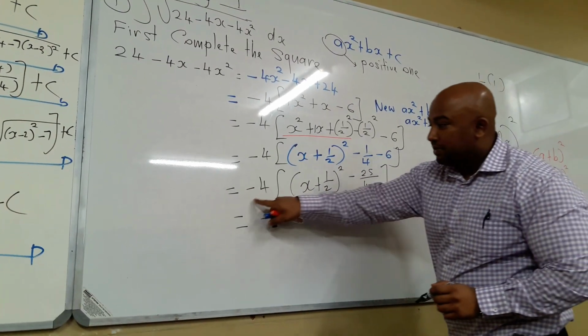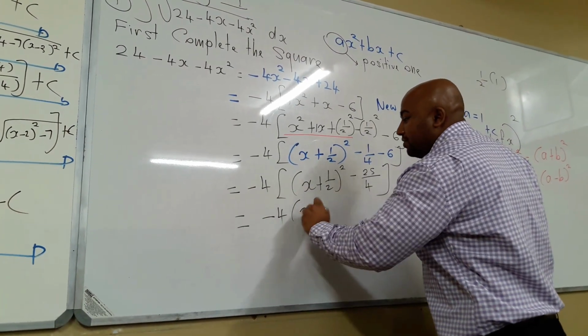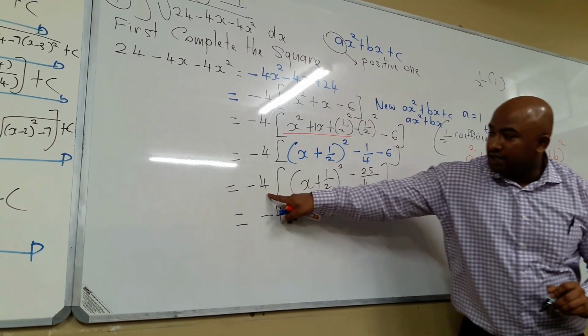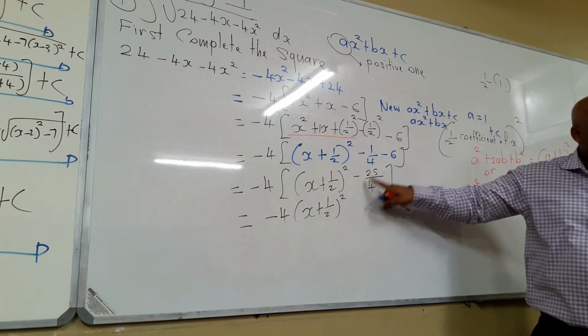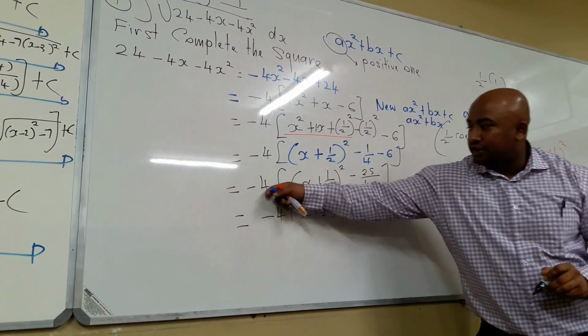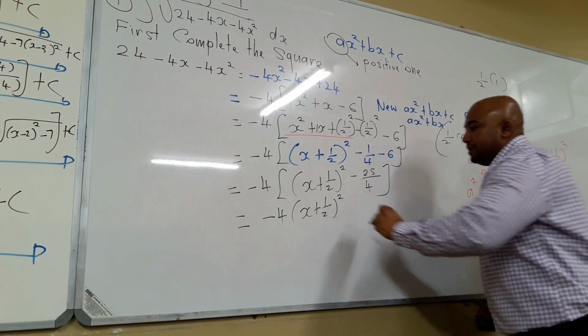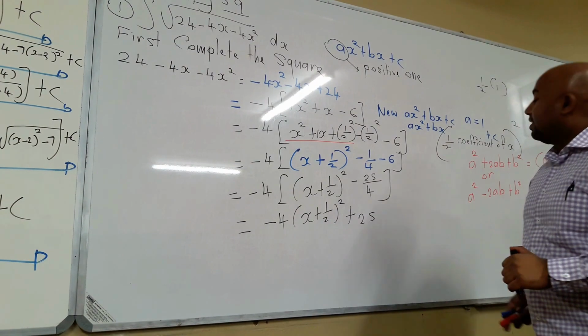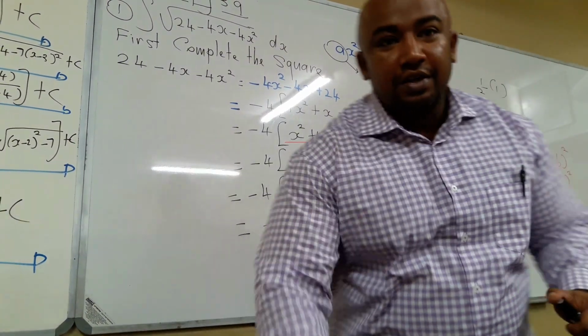So it's minus 4 times 1, which is minus 4, into x plus 1 over 2 squared. Then minus 4 times minus 25 over 4. Negative and negative, positive. 4 and 4 cancel. What do you end up with? Positive 25.